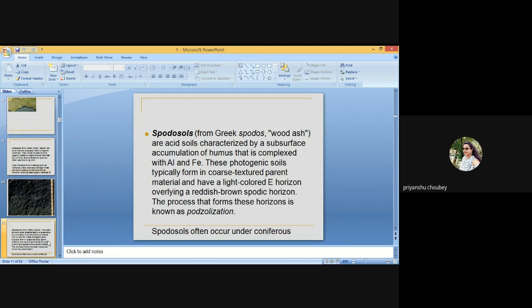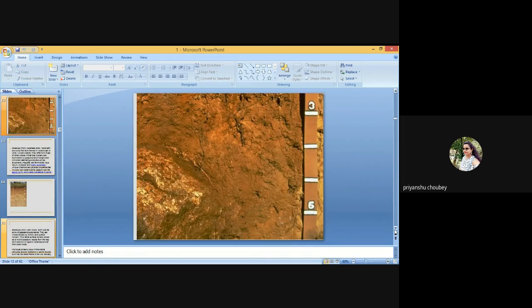The process that forms this horizon is known as podzolization. Spodosol.